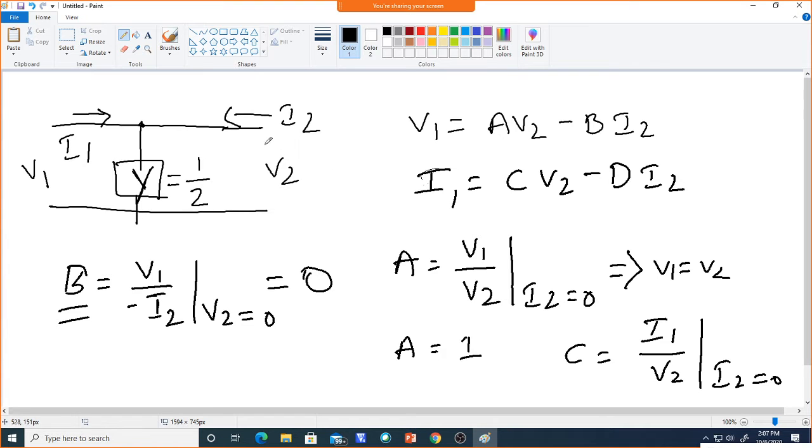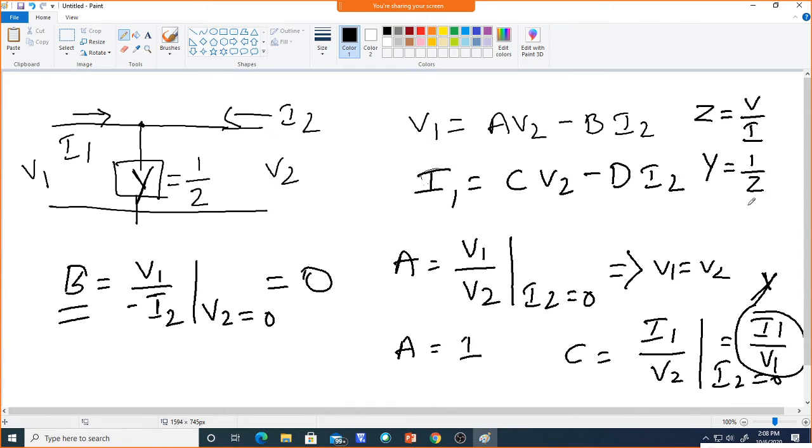If you open circuit port 2 again, the ratio of I1 by V2 is given as C. Since it is open circuit, V1 equals V2, so in place of V2 we can write V1. Generally we call Z equal to V by I, and the admittance parameter, which is 1 over Z, is equal to I by V. Similarly, here I1 by V1 represents the admittance parameter Y. So this is your C.